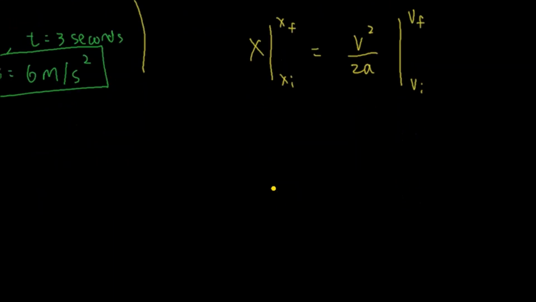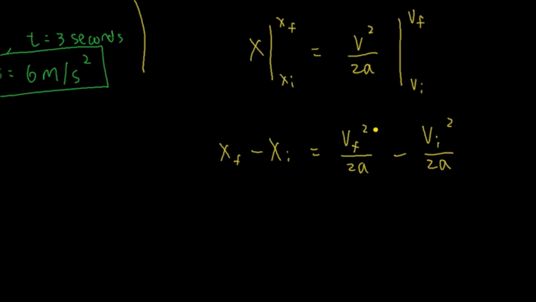Let's evaluate this definite integral now. So this side will be x final minus x initial is equal to v final square over 2a minus v initial square over 2a.